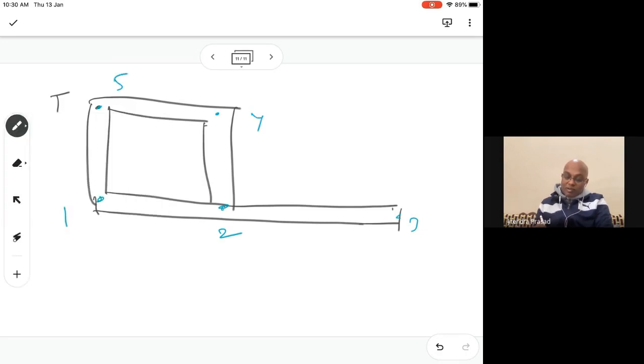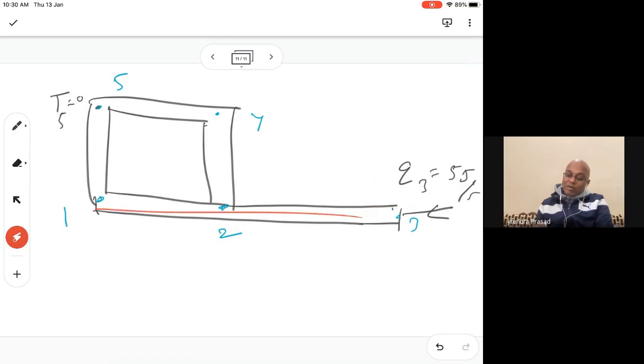So T5 you can make equal to 0, for example. Somewhere Q is coming, so we can say this Q3 equals 5 joules per second, something like that. Based on that you can find out what the temperature will be at other places. There is no Q coming here, so Q4 will be 0. Q5 we don't know.